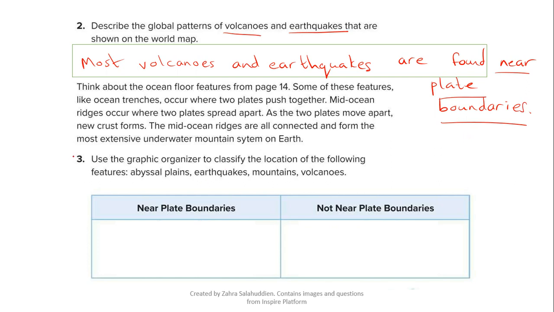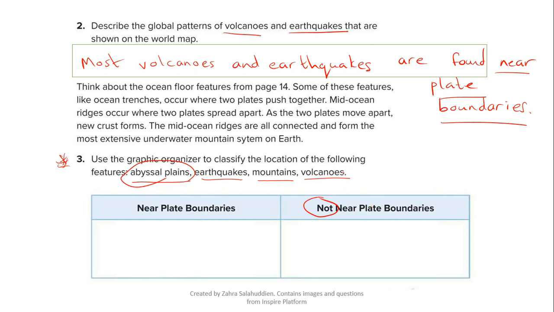Okay, so over here, this is an important question. I do think that this is the one that may be in the exam. You need to put these words, sorry about that, put these words in the correct place: abyssal plain, earthquake, mountain, volcano. So abyssal plain is the only one that is not near plate boundaries.